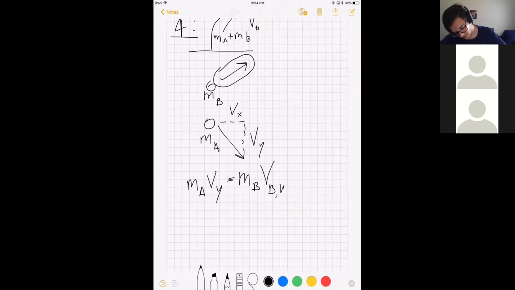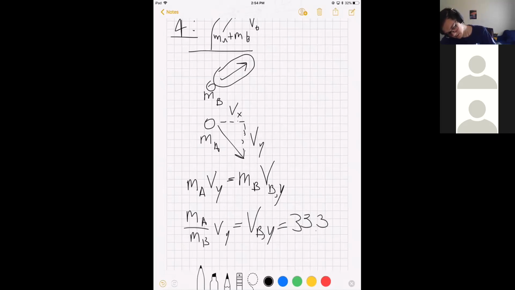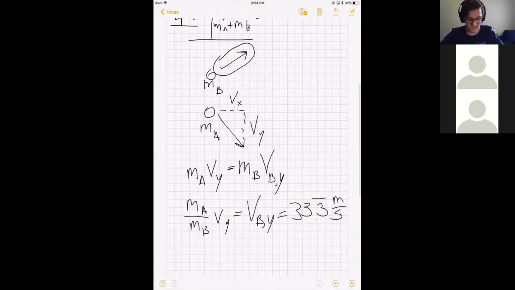So we want to solve for Vby, so you just divide by mass B. Ma divided by Mb times Vy is equal to Vby. So we can plug numbers into this formula. We end up with a value of 33.3 repeating meters per second. So that's that.